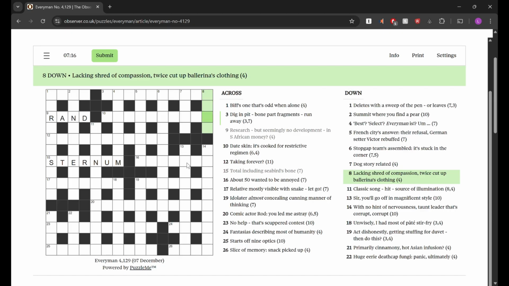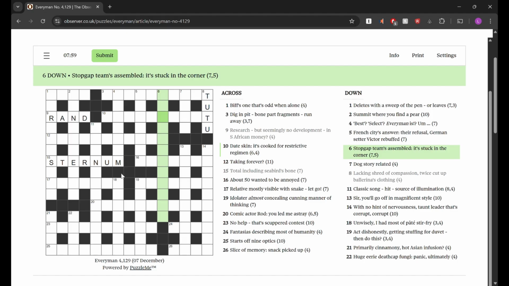I mean, ballerina's clothing, I think that's tutu. Can twice be substituted for T or something? Or you've got a U's and a T there. Cut up. What would lacking a shred of compassion be? Like tut? Not sure. We'll come back to that, I guess.